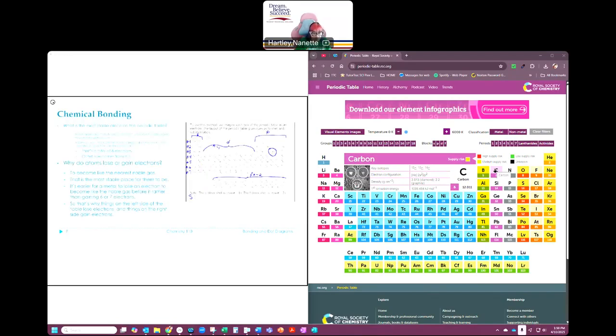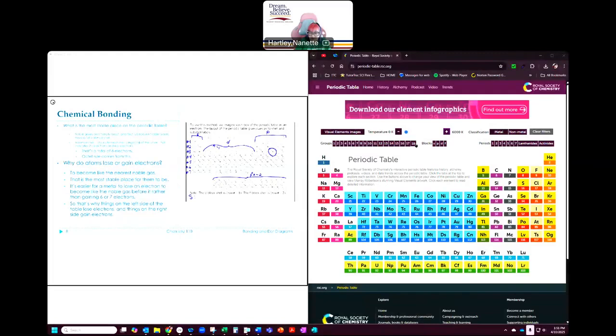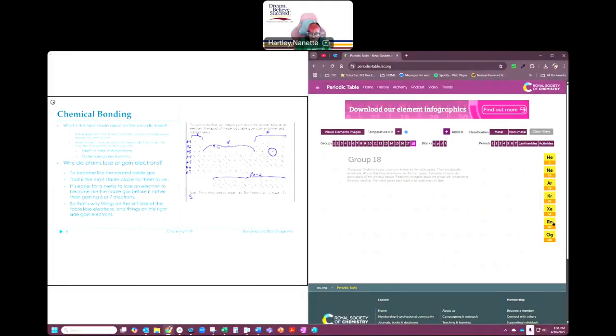And we've talked about the fact that some things want to lose or gain electrons to become like the nearest noble gas, because noble gases are very, very stable, and we know that just based on their behavior. So we want to be like those noble gases over here on this edge, group 18. These guys are incredibly stable.